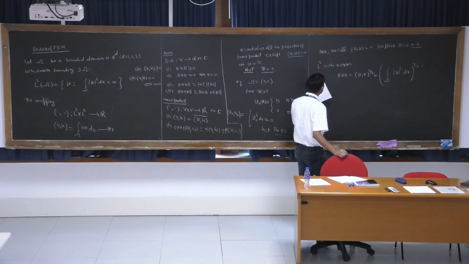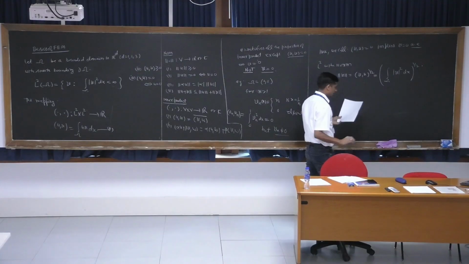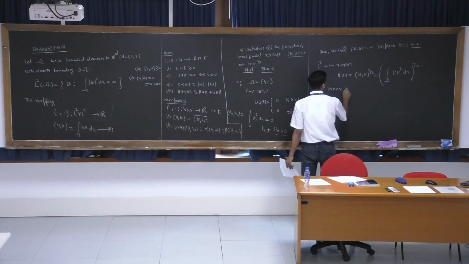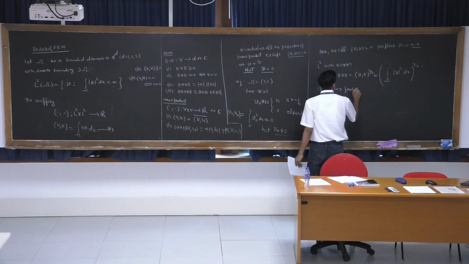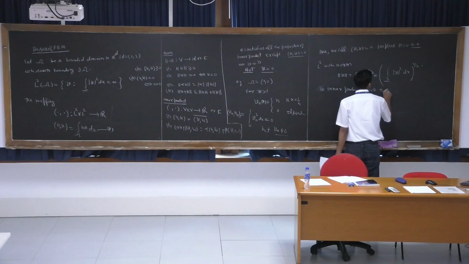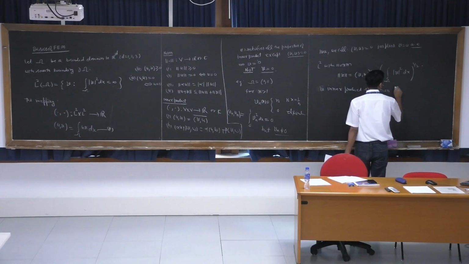Because first, with this norm, L2 is an inner product space, and then it is complete.